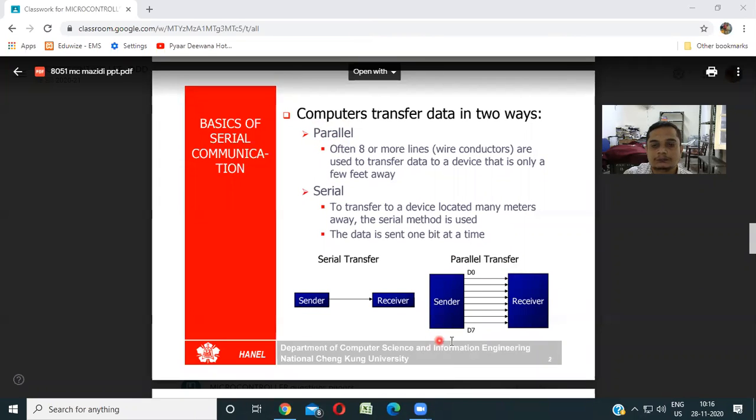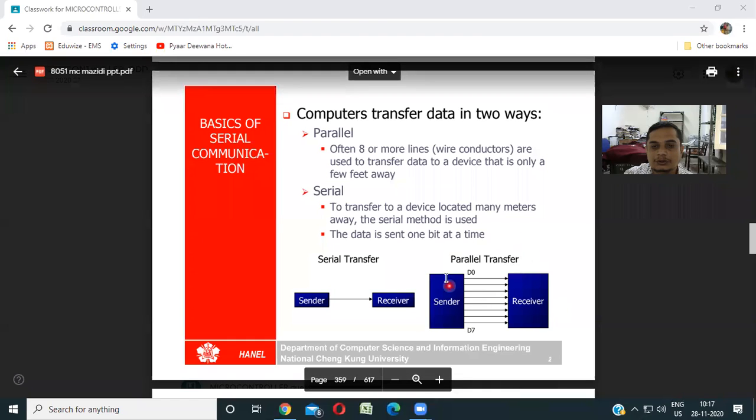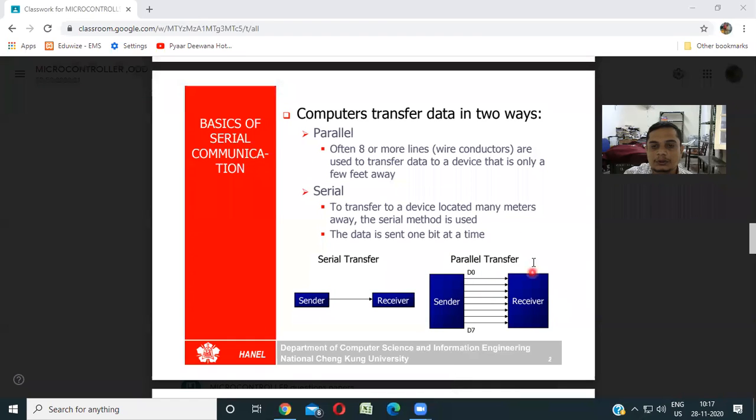So here you can see we have the data D0 to D7. This is one device and this is the other device. This is called the sender, and this is the receiver. So from sender to receiver, we have the data lines from D0 to D7. This type of connection of D0 to D7 from sender to receiver, and the sending of the data, is called parallel transfer.